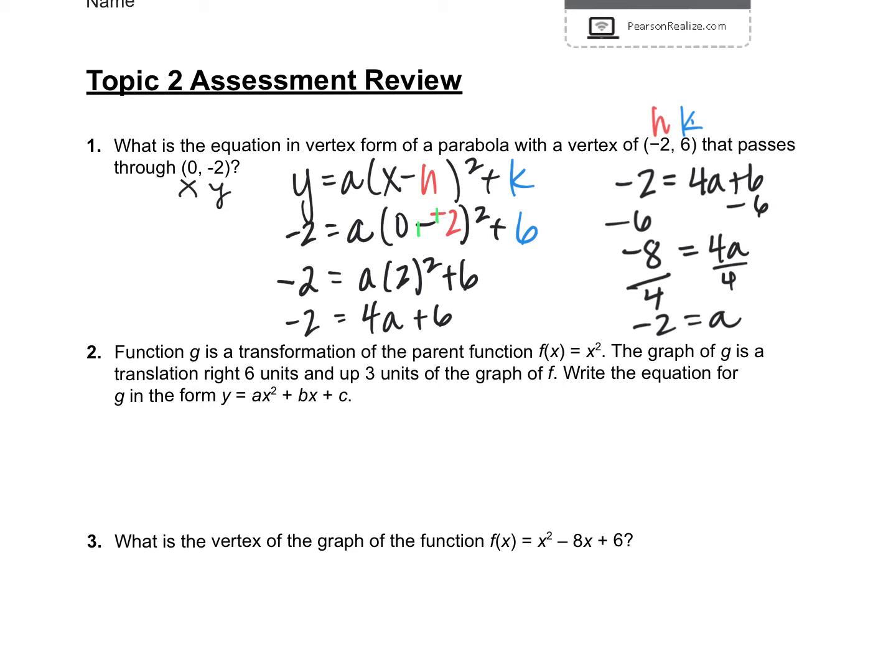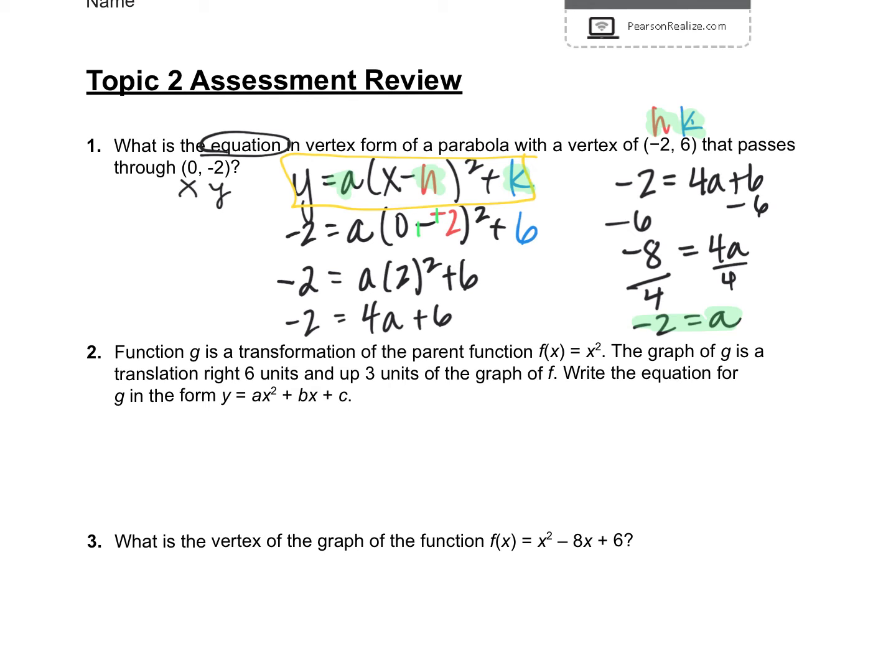Well, that doesn't answer the question. Remember, the question said, what is the equation? So I have to go back to this guy right here, and I only plug in 3 things. I only plug in the H, K, and A. Those are the only things I'm going to plug in.